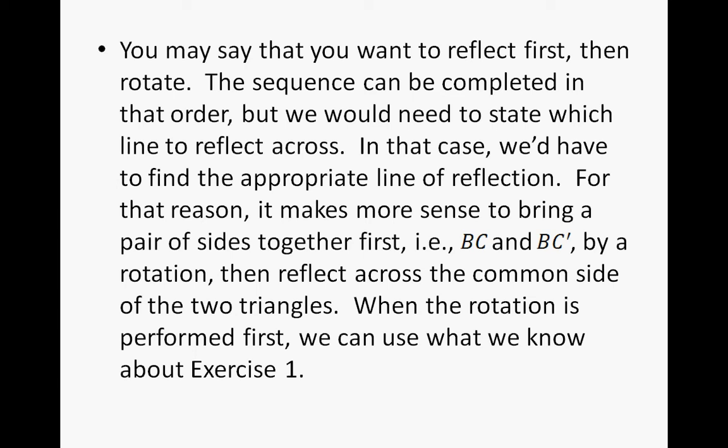When the rotation is performed first, we can use what we know about exercise 1. So again, the whole idea is if you have no information, then you want to start with what you can create. You can't guess a line of reflection until you have a common line that you can talk about.